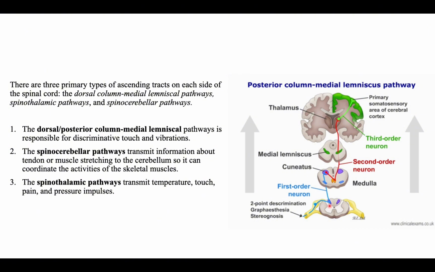Now, once it rises, it's still the first order neuron, mind you. It rises and gets to the medulla. That is where it will synapse with a second order neuron. So if this is a fasciculus gracilis type of fiber, then it is going to synapse with the nucleus gracilis in the medulla.